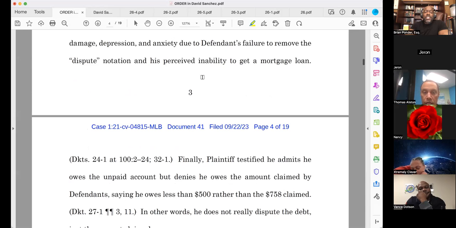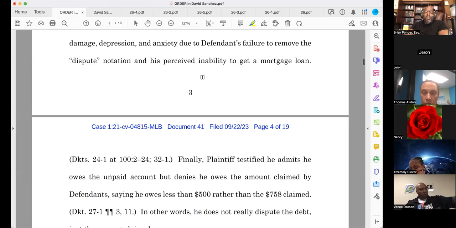Let's go to summary judgment. The non-moving party has the burden of showing summary judgment is improper. The moving party has the burden of showing there's no genuine issue. Look, the facts are not disputed. Obviously, the legal conclusion is disputed.